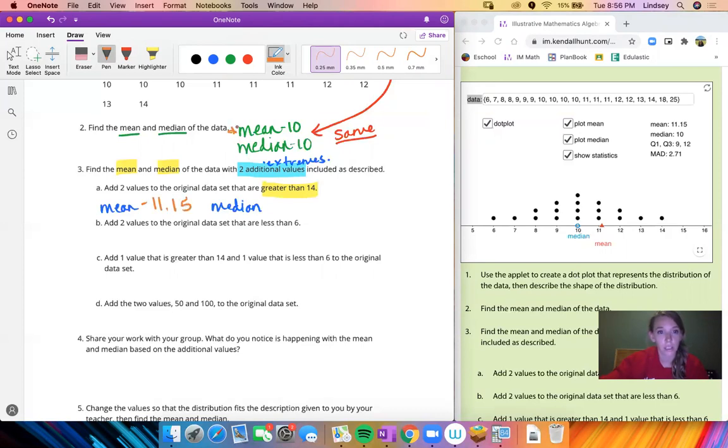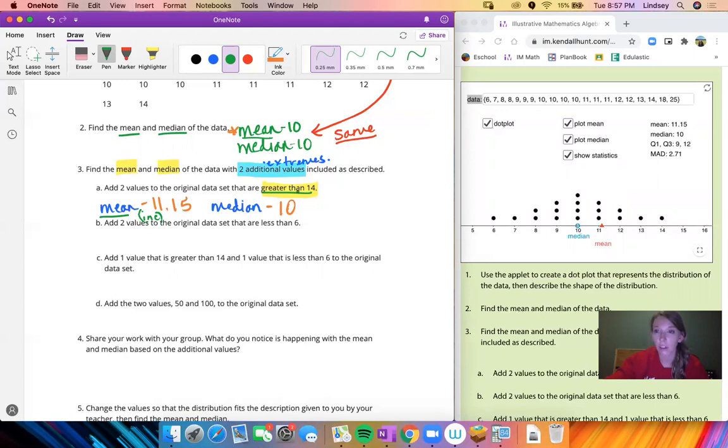Remember, it was 10, and the median is 10. So let's make a quick observation. So here's our mean. What happened to it? It went from 10 to 11.15, so it increased with this larger value, okay?